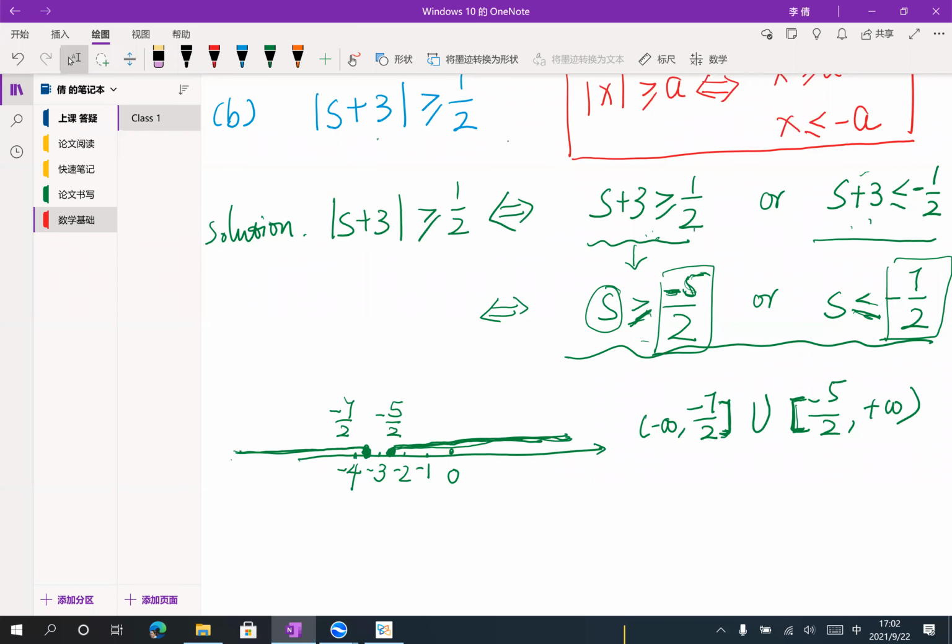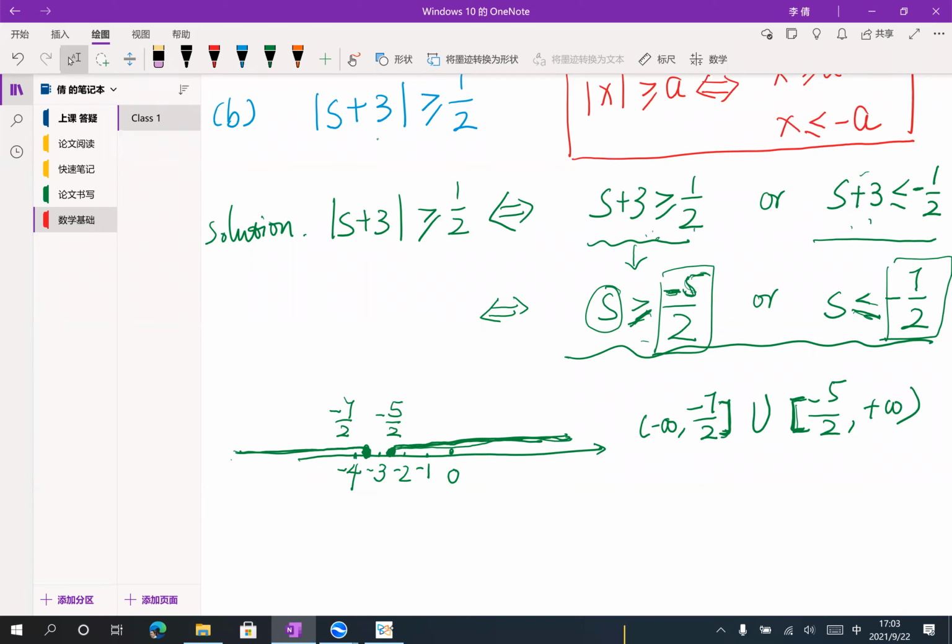Positive infinity, because the line goes on forever to the right, on the positive side. Yes. Got it.